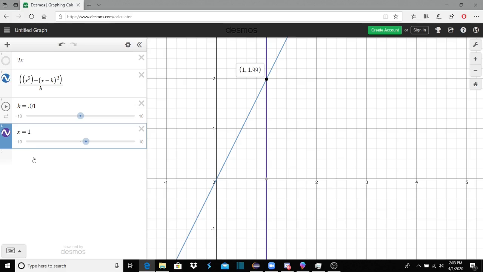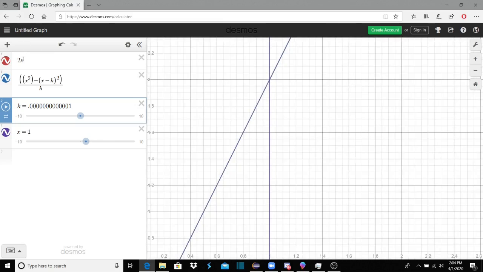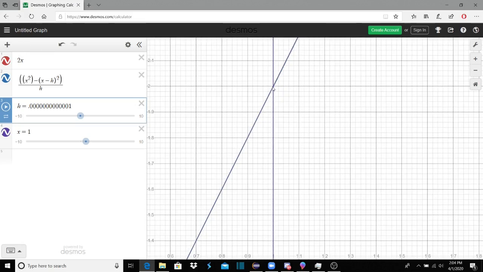And 1.99 is very close to this. And watch this. Look at that. Those lines nearly overlap. So if you kept pushing this out further and further and further, eventually you're literally just going to converge to 2x. And that is why the power rule works.